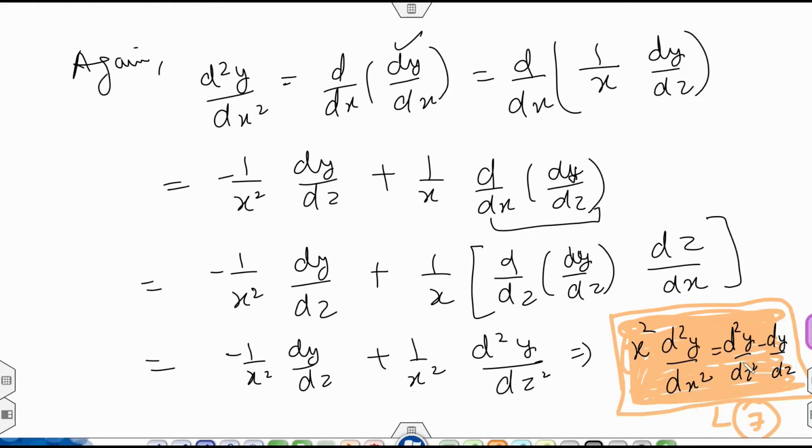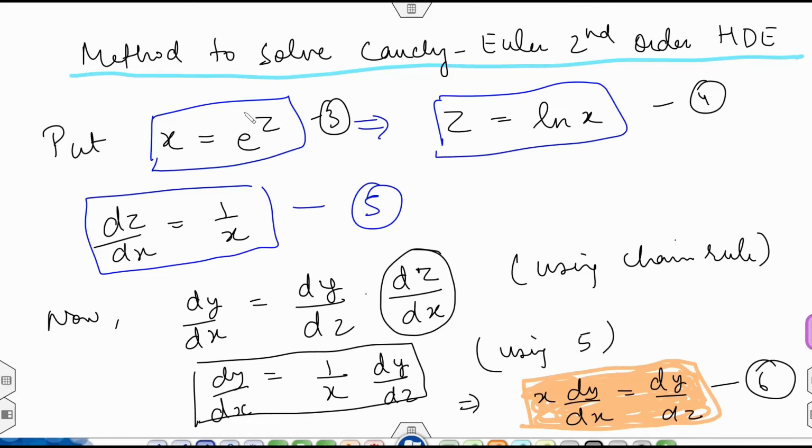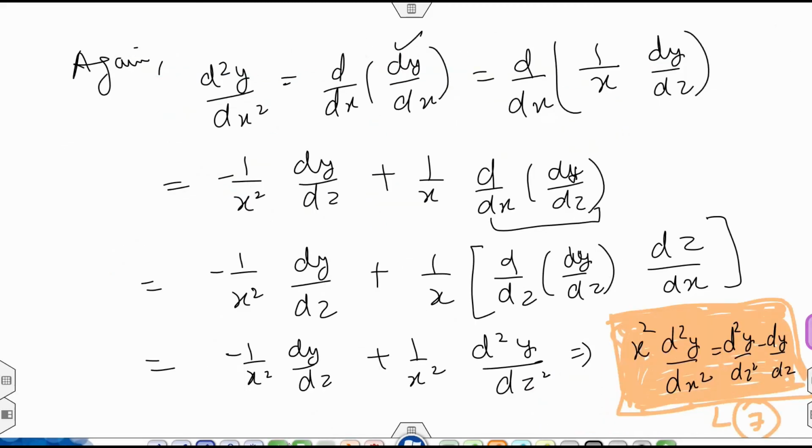And finally, you will substitute what you have started with. After you get the answer, you will substitute your z with ln x. So let's see what will happen if we substitute equation number 7 and 6 in our differential equation.